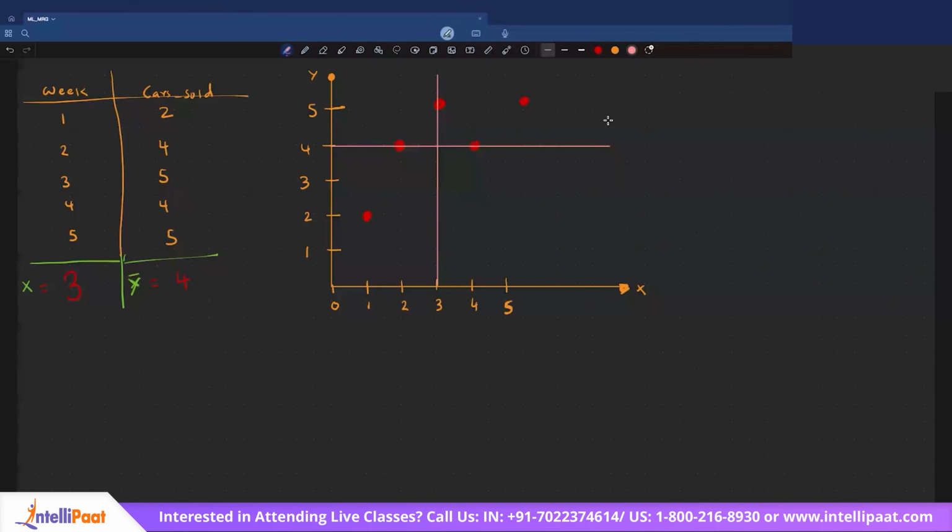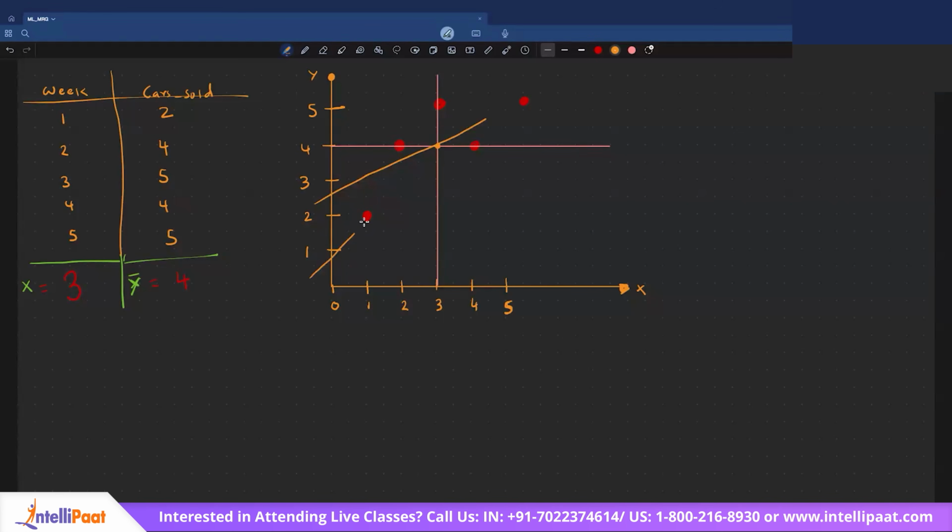The minute you took the mean of x and the mean of y, did you get a point for reference where the line should pass from? The minute you took the mean of x and the mean of y, you kind of got a reference via which a line could pass. Agree, disagree? But in this scenario also, listen to me. In this scenario also, isn't this line possible?